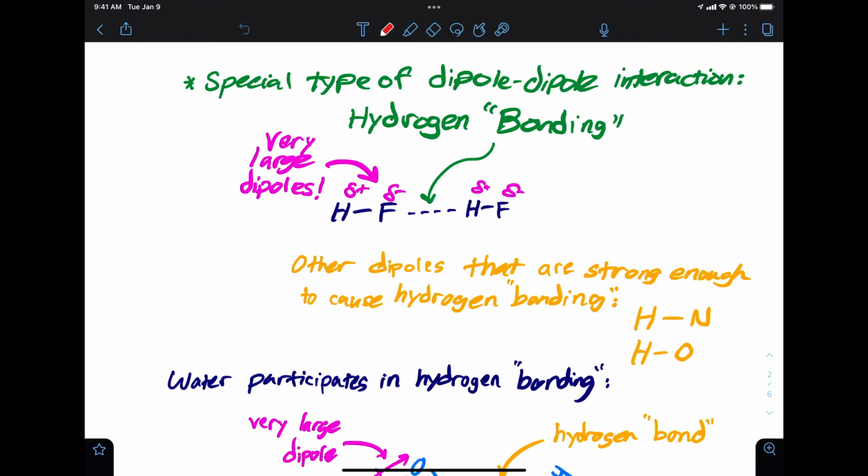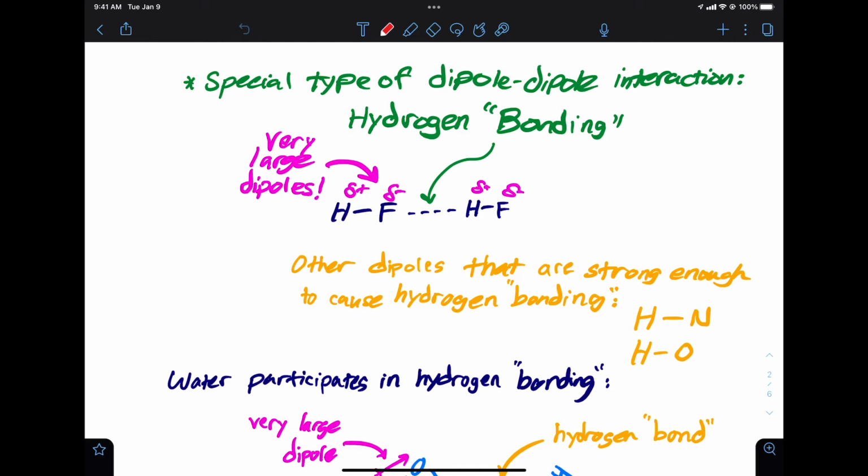Okay, the illustration I have here is HF. Hydrogen is, in fact, the least electronegative atom that participates in covalent bonding. Fluorine is the most electronegative atom that participates in covalent bonding. So pretty much the most polar covalent bond that you're ever going to get is an HF covalent bond.